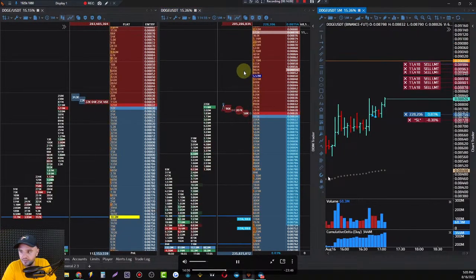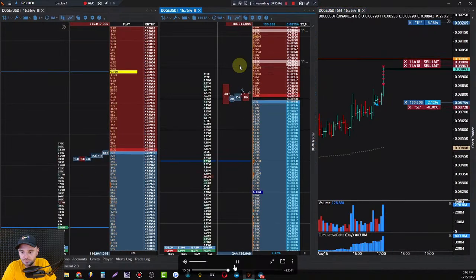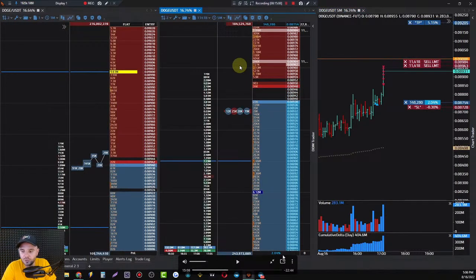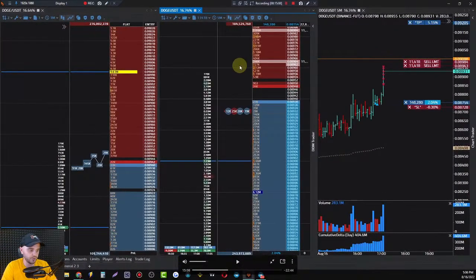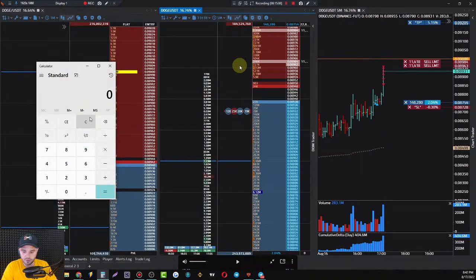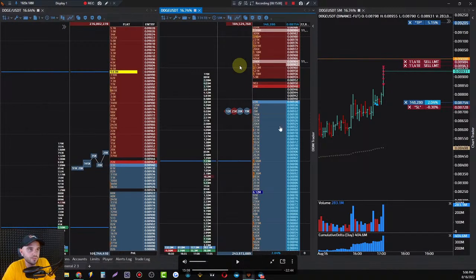After that, within a few minutes, the coin pumps. When the coin pumped 2%, remember that our stop loss in this case was 0.3. That means 2 divided by 0.3, it is 1 to 6 risk reward.